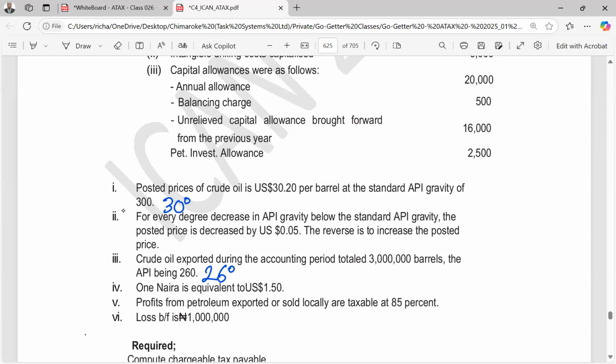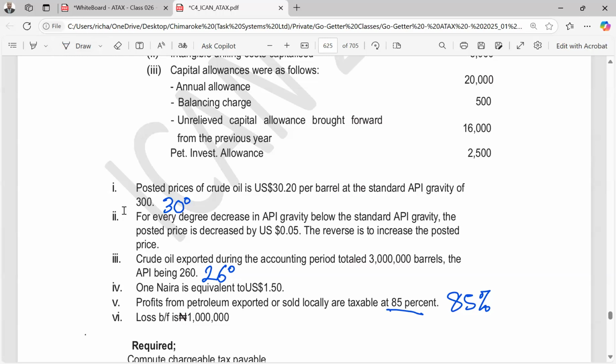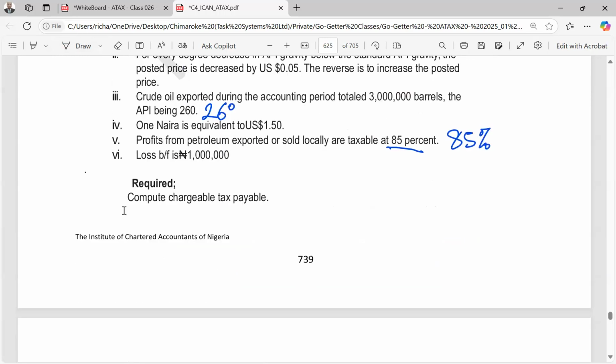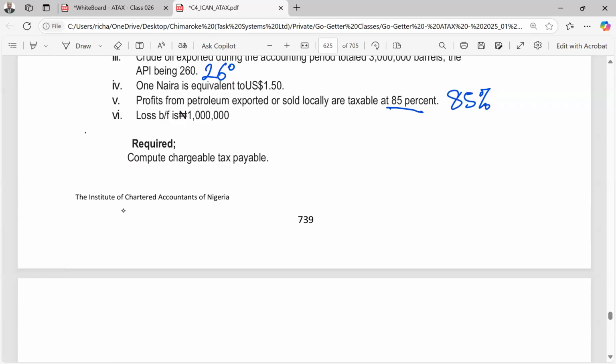Profits from petroleum exported or sold locally are taxable at 85%. So I'll come here and make it 85%. Loss brought forward is 1 million naira, sorry. Required, we are asked to find the chargeable tax payable.